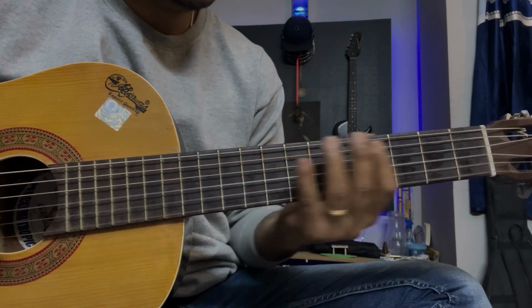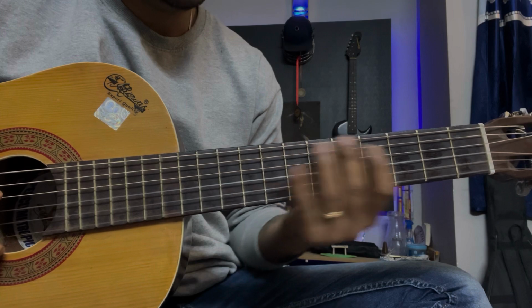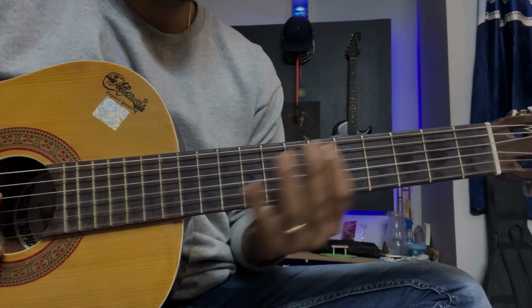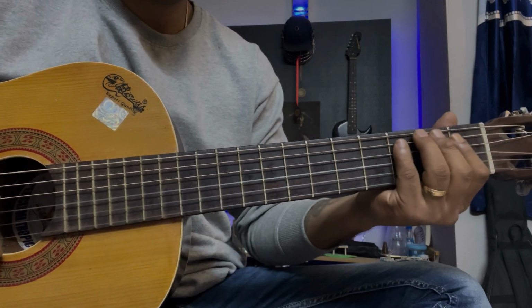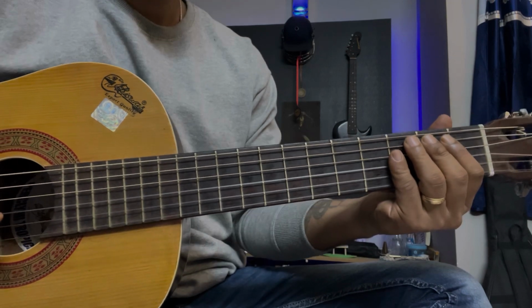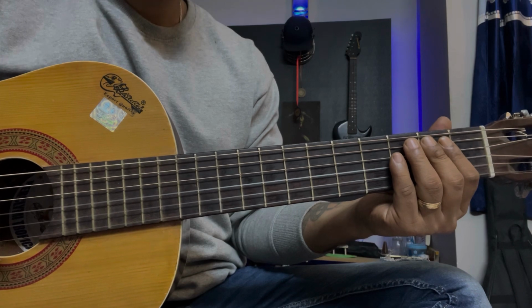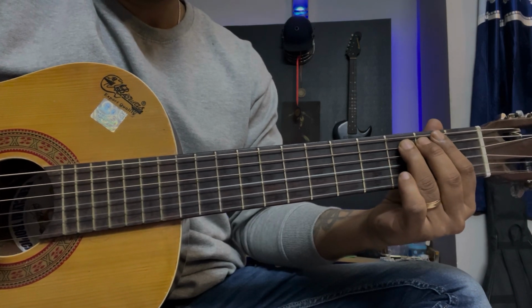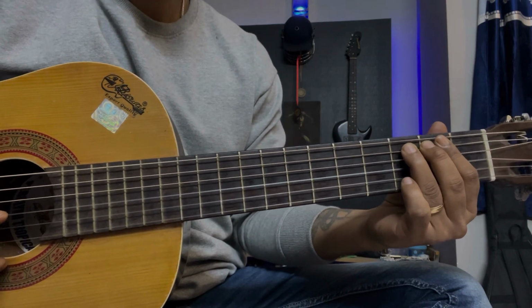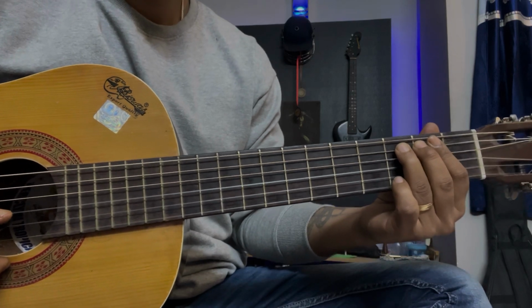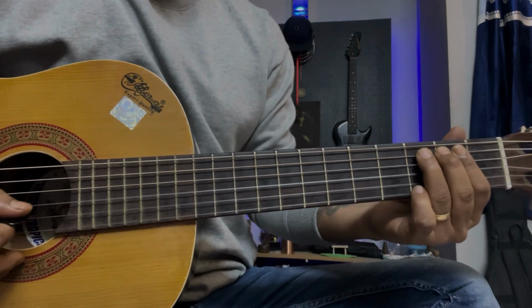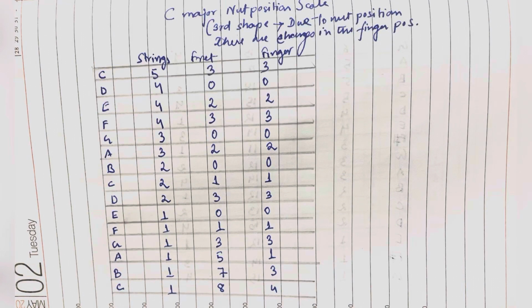This third shape, if you play the third shape of any scale, has similar notes. This is a third shape only, but because this is a nut position, we will be using a different finger pattern for this scale. Here is the C major scale nut position, or the third shape, with different fingering.